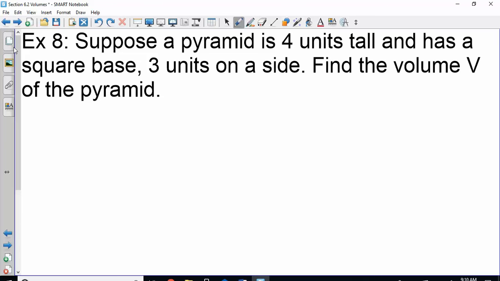This one is different than all the others. I just wanted to at least talk about one example where it wasn't just rotating a curve around an axis, just to show you that we can use the same concept with different shapes. So this one, I have a pyramid that's 4 units tall with a square base, 3 units on the side. So if we were to draw a picture, okay, pyramid, the base is square, hopefully you guys are slightly more artistic than me.